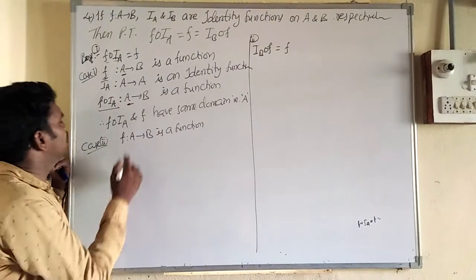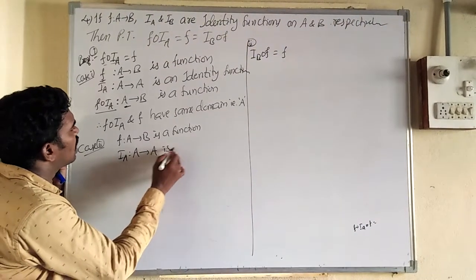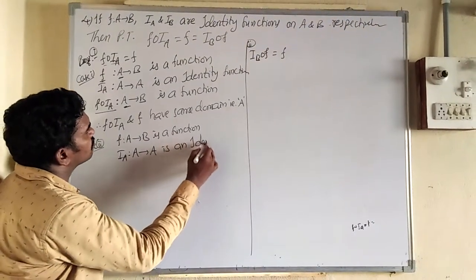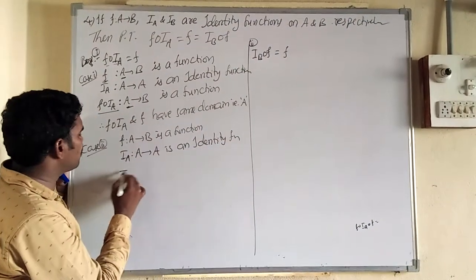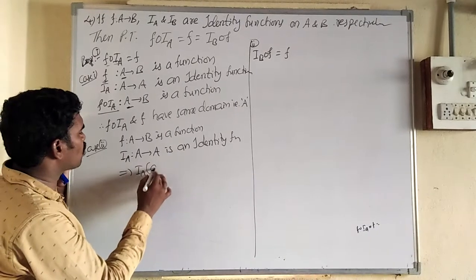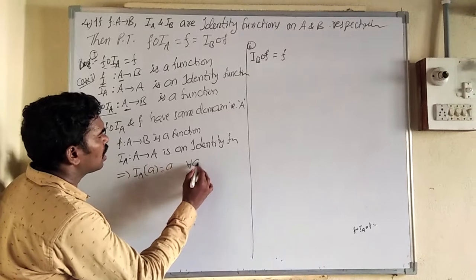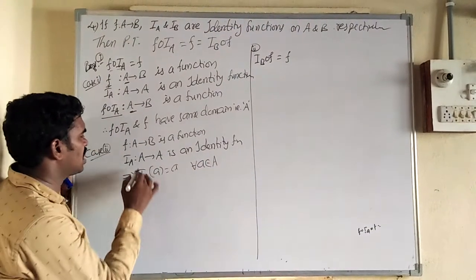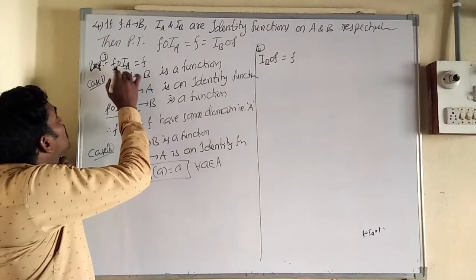What about IA? IA maps from A to A is an identity function. Identity function means IA of small a equals small a, for all a belonging to capital A. That's it. Take the question. What is the left hand side?